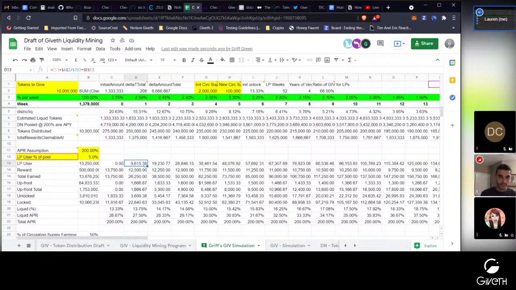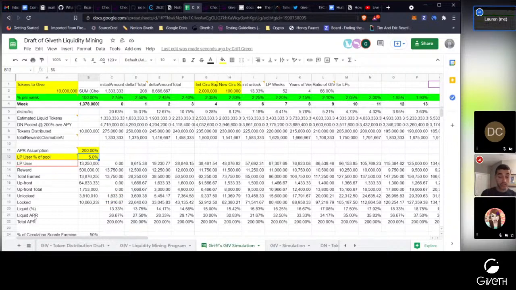And notice that it's always increasing because we're assuming that we have an APR of 200% all the time, and this person always has 5% of the pool. So the pool has to increase in total value locked, and so does their amount. It's kind of a weird thing.